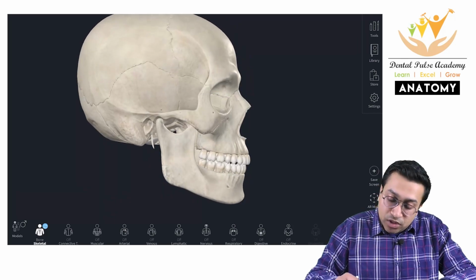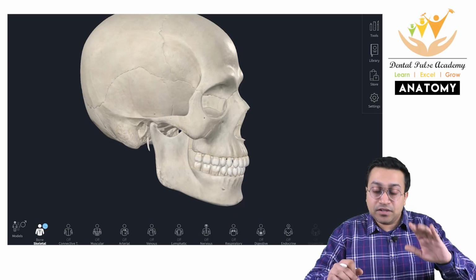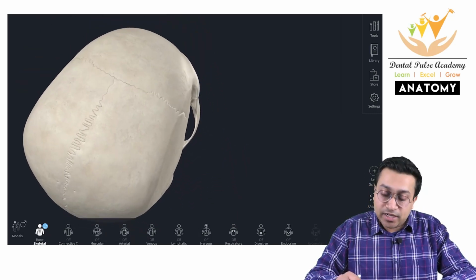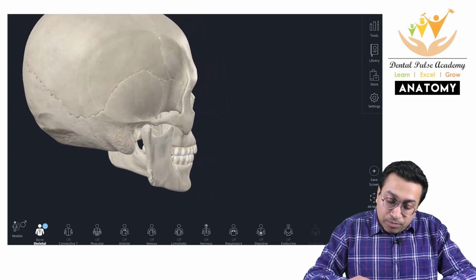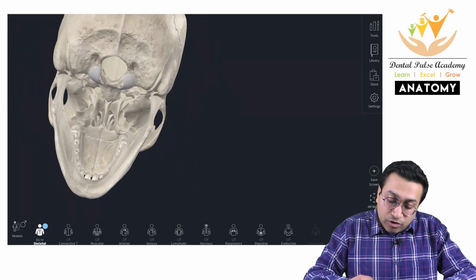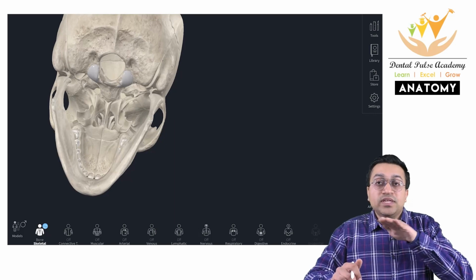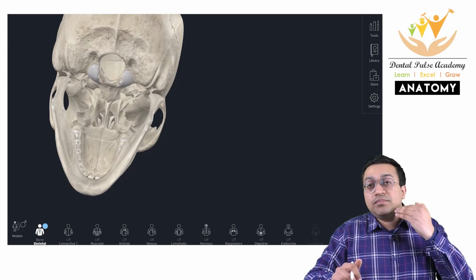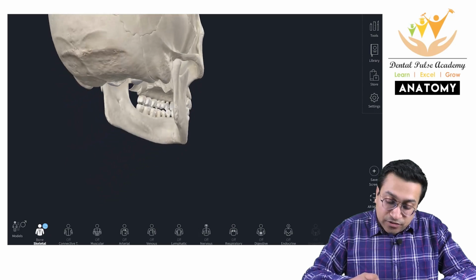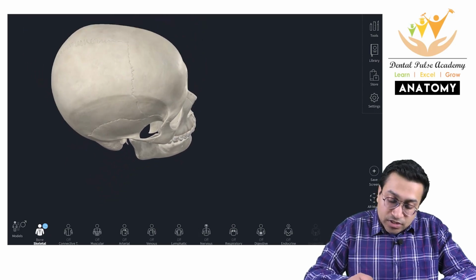Then you can see norma lateralis on the lateral side, then the top view, that is norma verticalis, then from behind norma occipitalis, and lastly from below, that is norma basalis, and norma basalis can be interna and externa. So these are the different views of the skull.